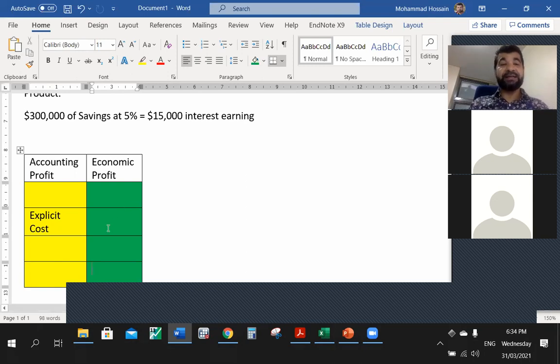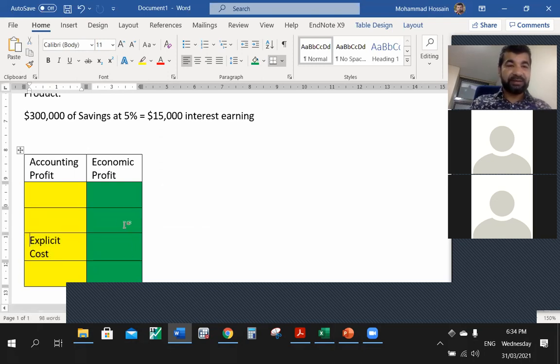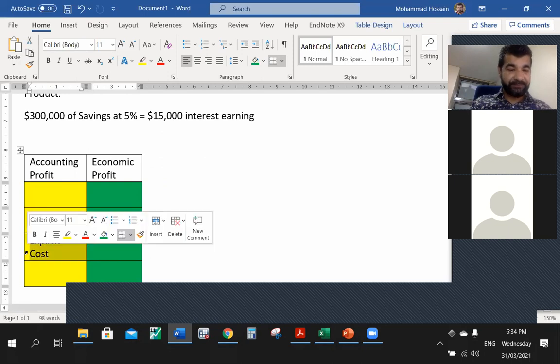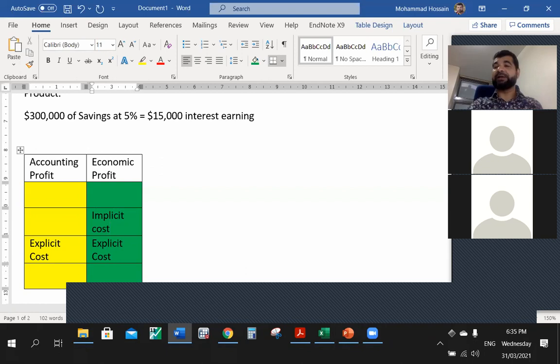This is called the implicit cost. For economists, the implicit cost will also be subtracted, and then the rest will be your profit.